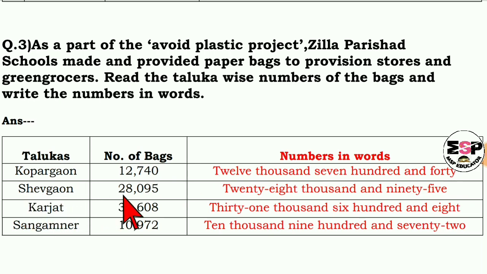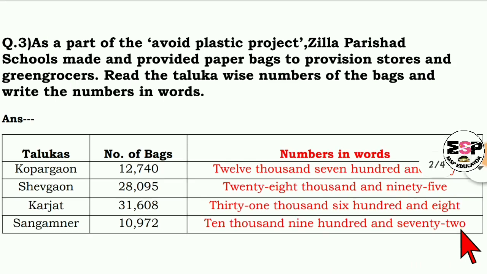Shevgaon, 28,095. Like this you are going to read it. Karzat, 31,608. 31,608. And last is Sangamner, 10972. So it will be 10,972. You have to just write the number in words here. Understood everyone?